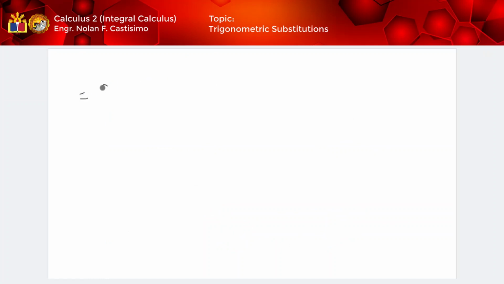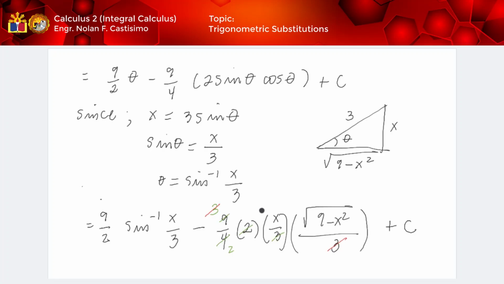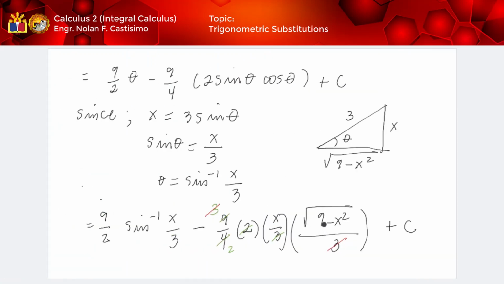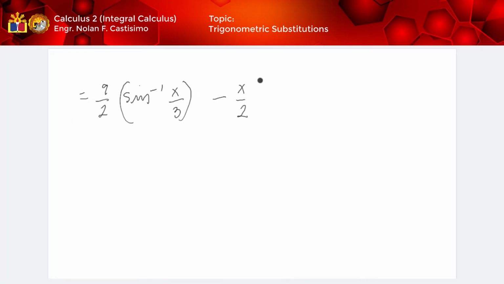So, equals 9 over 2 arc sine x over 3, lagyan natin ng parenthesis, minus, so ang natira na lang dito ay x over 2. Then lagyan ulit natin yung parenthesis, ito ang kukunin natin. Parenthesis, square root of 9 minus x square plus c.